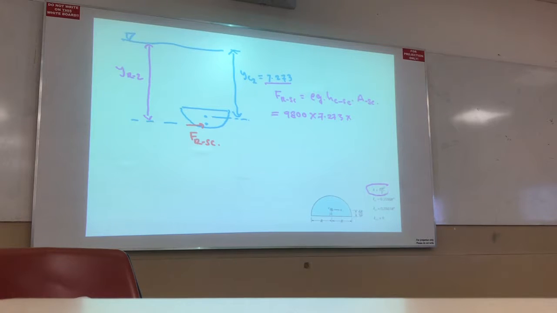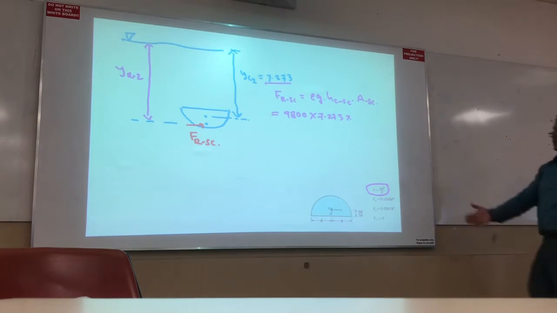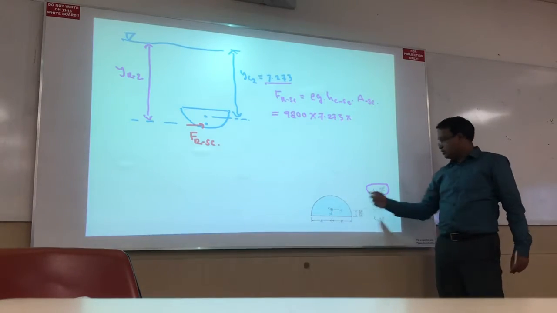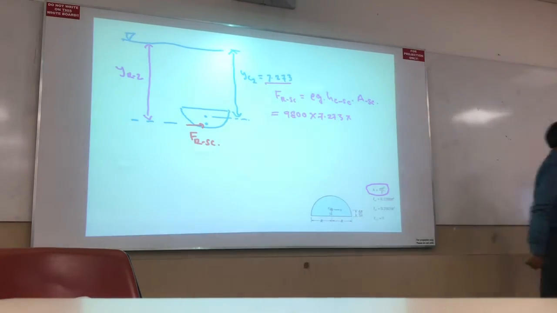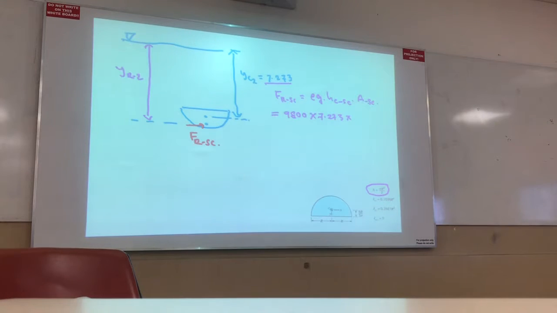Pi r square by 2. Pi I know from the calculator. R is 3, square by 2, and I get my answer. So this unit is Newton, right? So divided by 1000, you can get 1007.63 kilonewton.